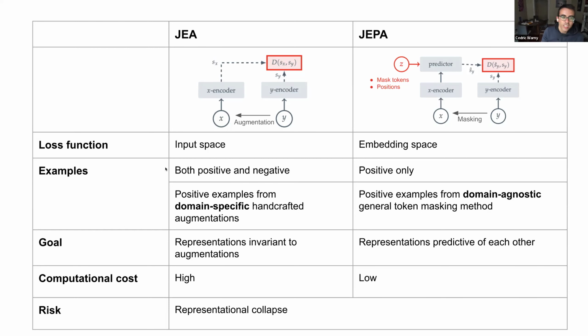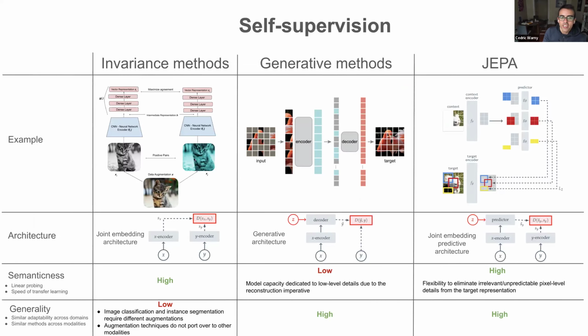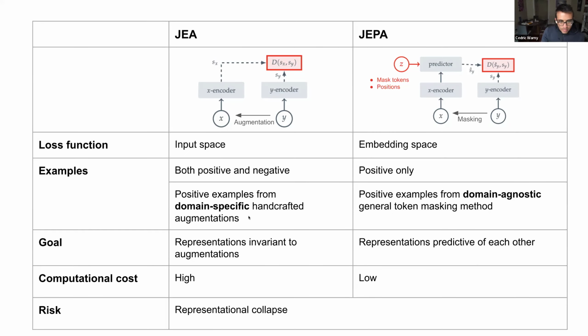A negative example would be, here you show a cat and then here you show a dog, let's say. That would be a negative pair. And for JEPA, you only show positive examples. You don't need negative pairs here, because it's just a completely different approach. It's the masking approach.